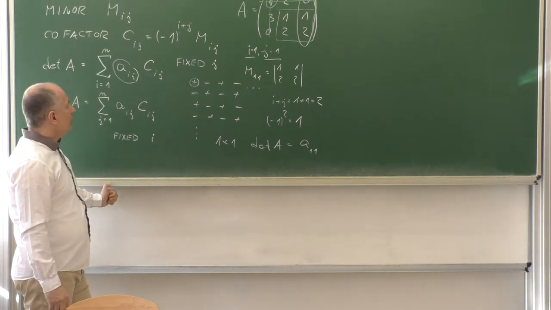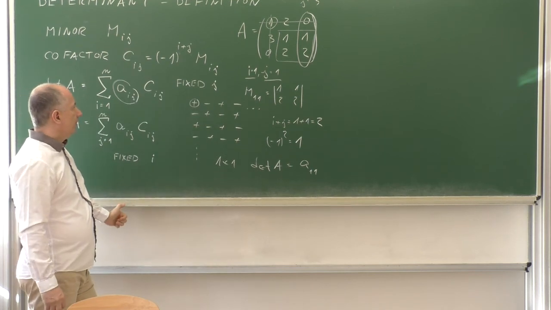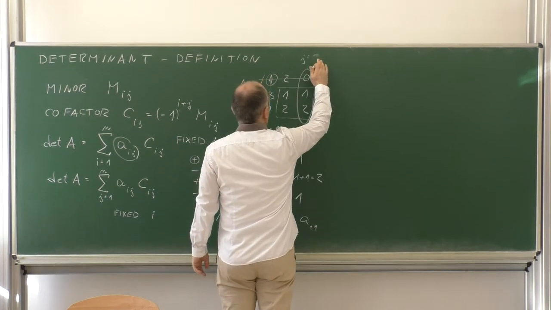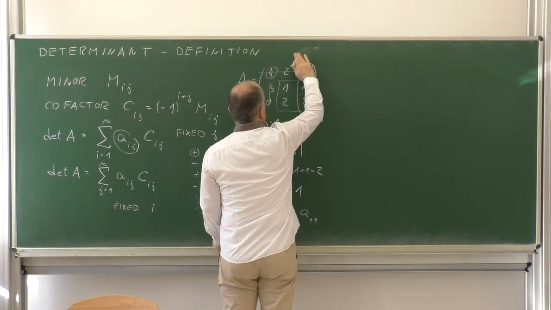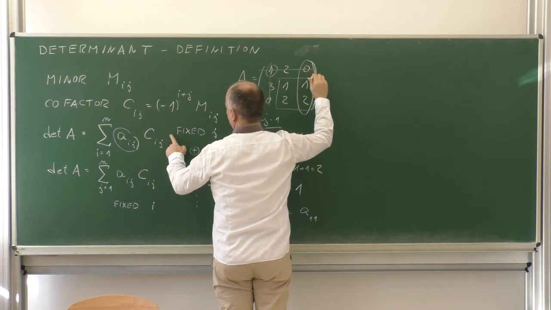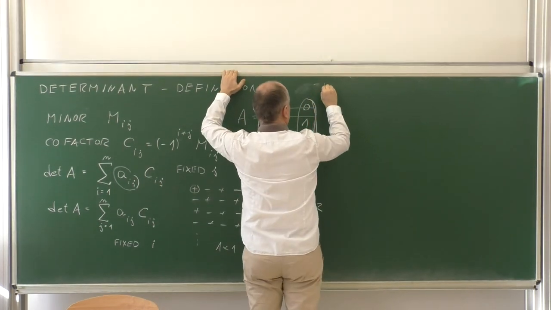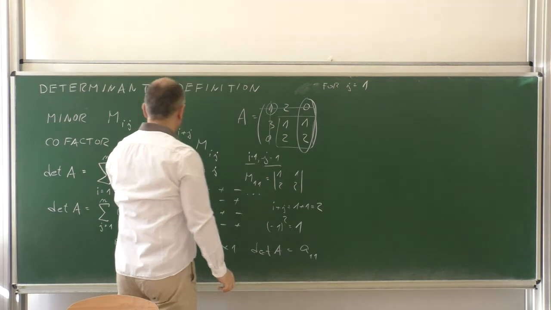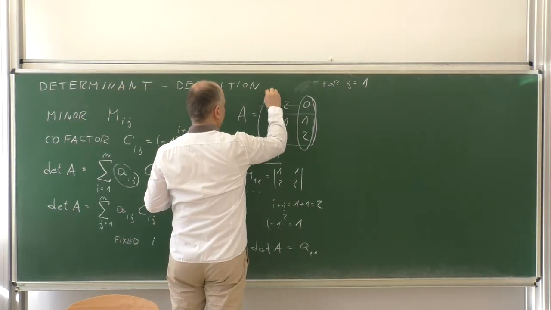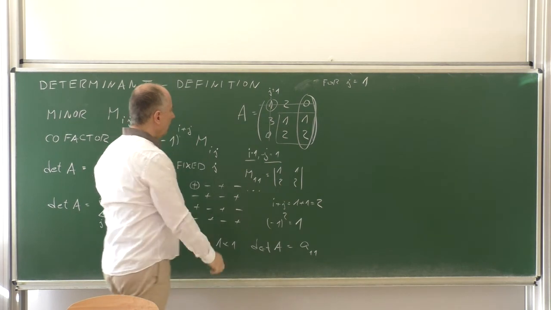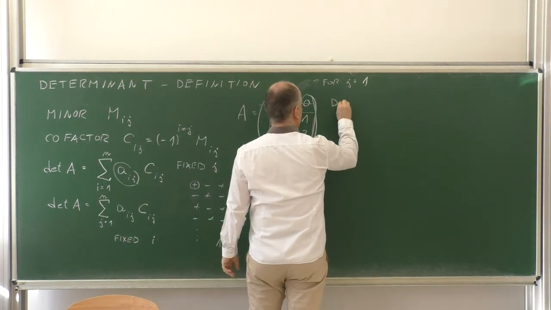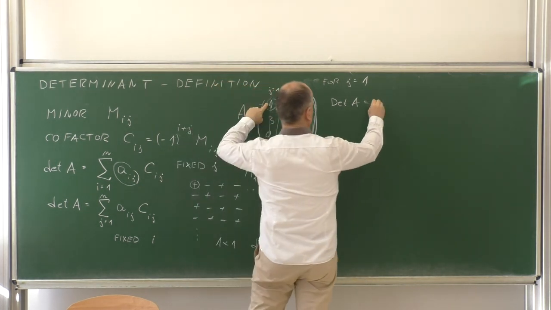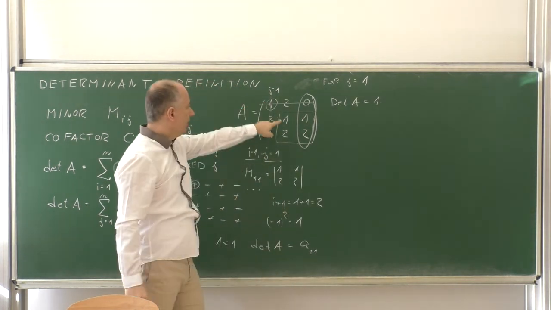Okay, let us illustrate this procedure for this chosen matrix. So let's start with the first column. So we fix the first column, and the determinant of this matrix is then A11, which is 1, times the determinant 1, 1, 2, 2.